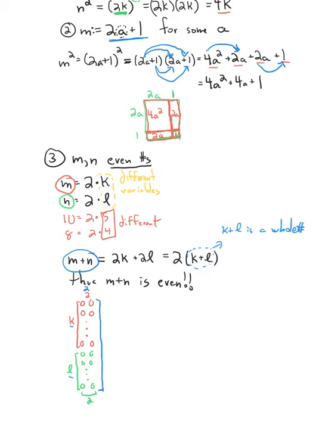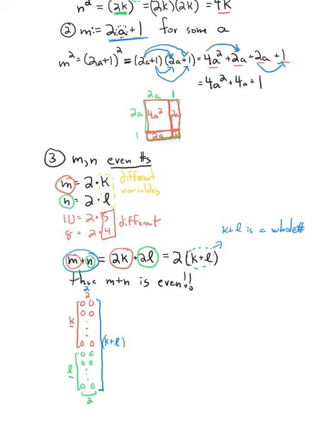So in total, it has k plus L rows. So that's all that's happening when we look at it algebraically. If we have this 2k, that's the red bit here, and 2L is the green bit, that's m and n. And then we can glom them together to make one big even number, m plus n.